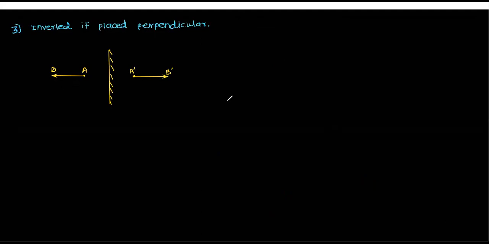So let's see some note points regarding this plane mirror, so that whenever they ask a question, you can use a direct formula. So what are the note points which are very important for problem solving?